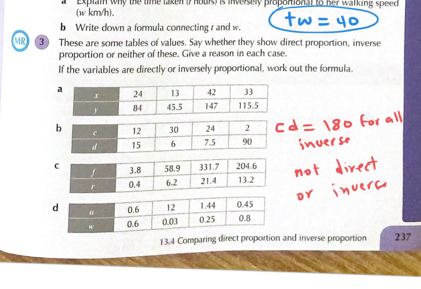Now for D. Is D direct or inverse? Inverse? Did you check? Did you find the product for all? You cannot say that without checking. So 0.6 times 0.6 is 0.36. Did you get 0.36 for all when you multiply U times W?